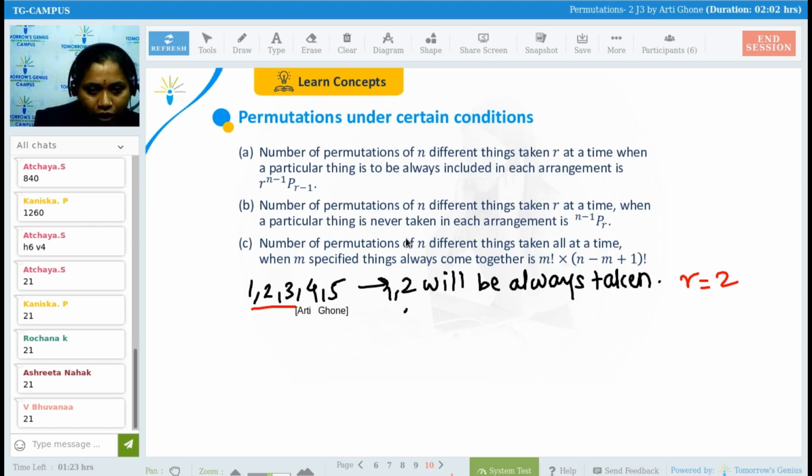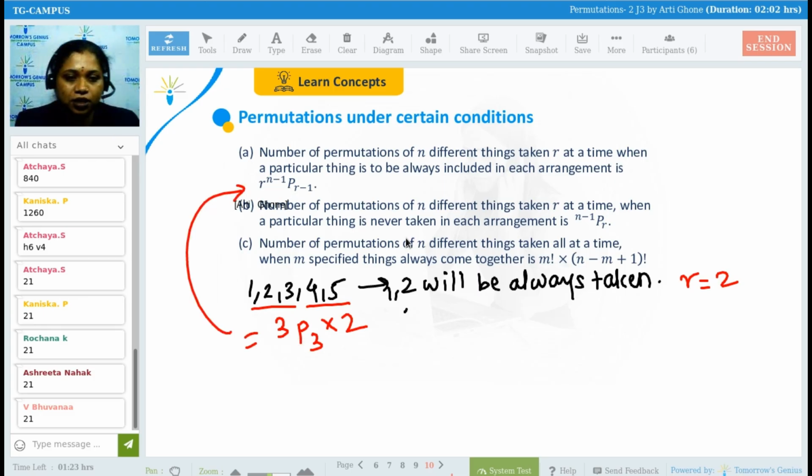Clear? So obviously, out of the 5 digits 1, 2, 3, 4, 5, already 2 digits are fixed. So how many digits do I have? 3. How many places do I have for them? 3, and into 2. So it is 3P3 into 2 with the first direct shortcut. Explanation of the first property is clear. So 5 minus 1 comes to 4P4.